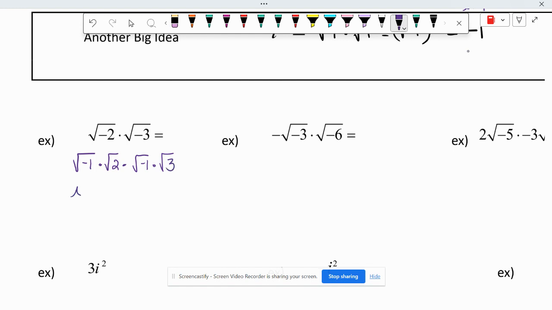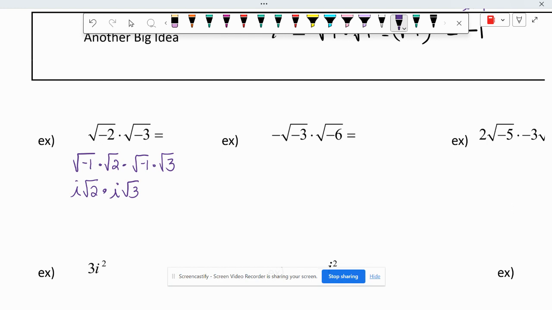Or it's i root 2 times i root 3. I don't know which way is best for your brain to think about it. The i root 2, i root 3, that's how I think of it as well. But it is less symbols, right? But what can you do with the square root of 2 times the square root of 3?